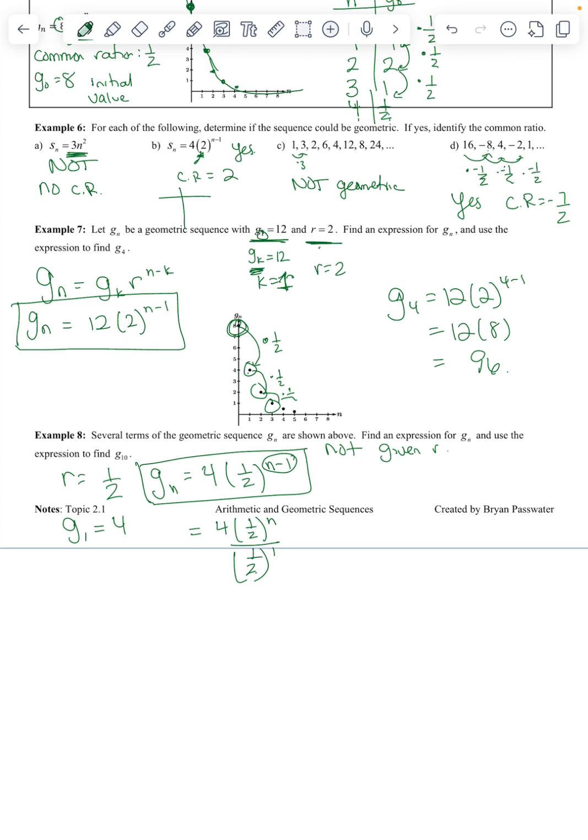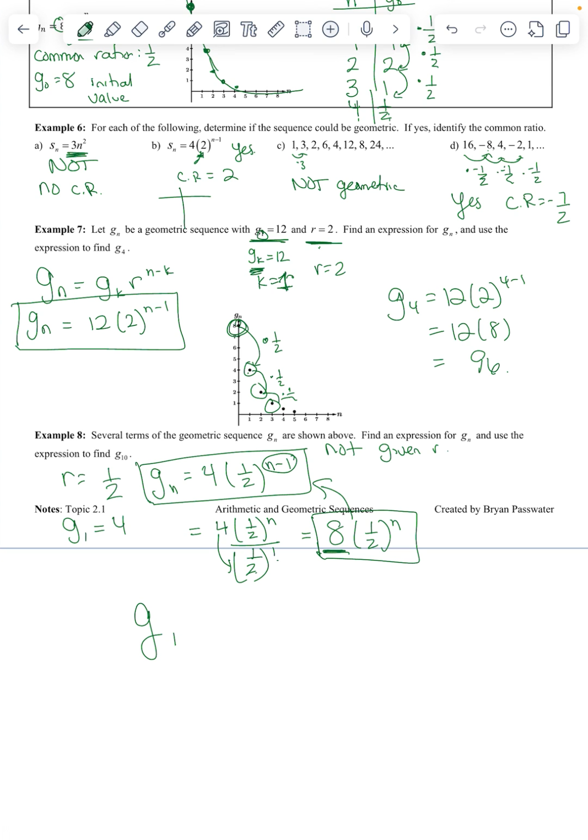And 1/2 to the 1 is just 1/2. 4 divided by 1/2 is going to be 8. And that's going to be 8 times (1/2) to the n. So these two are the same. Just one is simplified and one is using the initial value.